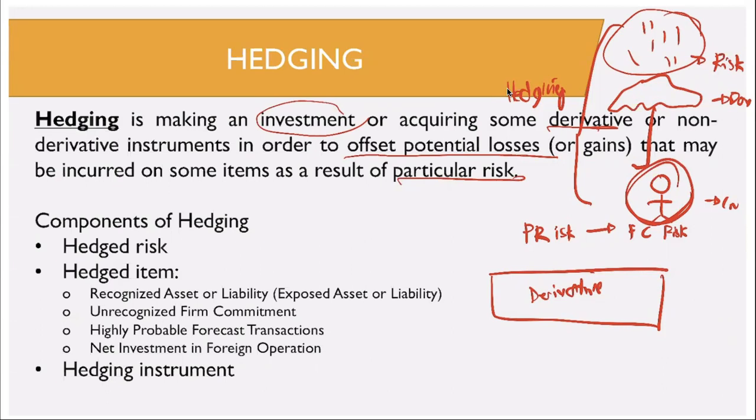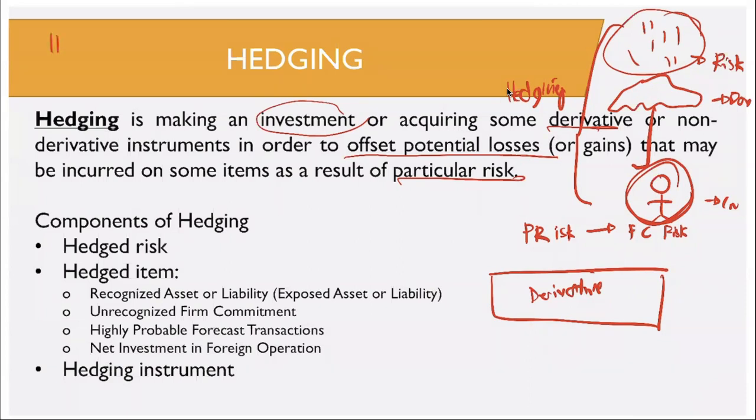Our risk here is the rain, the umbrella is the derivative, and this person is the company. We make use of the derivative so that we offset the risk and will not incur any losses. This whole process is known as hedging.